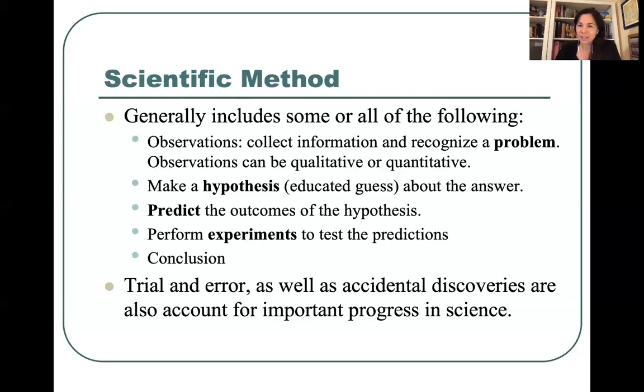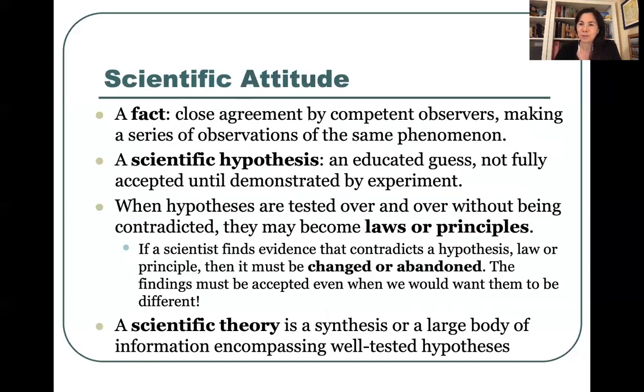So sometimes you don't really have a plan, but you make a discovery anyways, and it's not necessarily following the scientific method. So again, we have to be open to outcomes. And this is all part of what we call the scientific attitude.